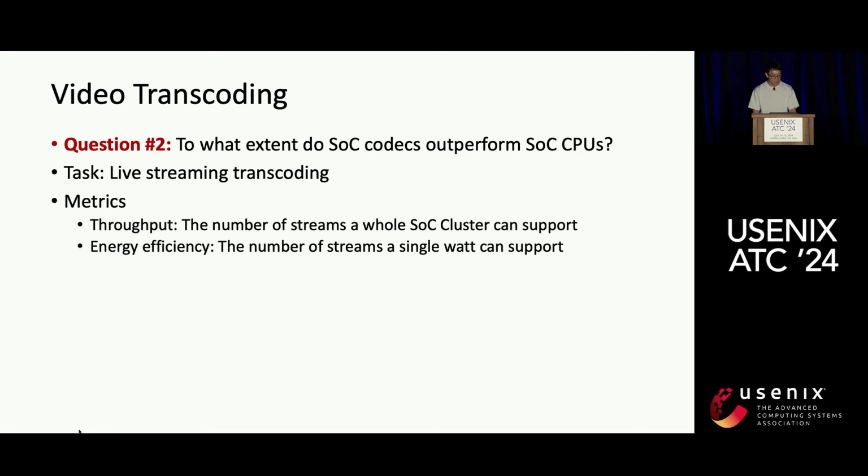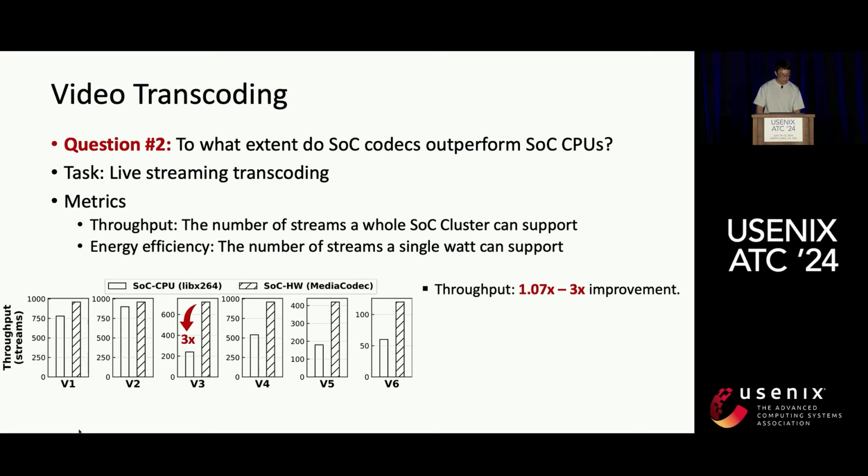So the next question is, to what extent do SoC codecs outperform the SoC CPUs? We use the live streaming transcoding task and report the throughput and energy efficiency. As for the throughput, this figure shows that the SoC hardware codecs can deliver up to 3 times throughput improvement over the SoC CPUs.